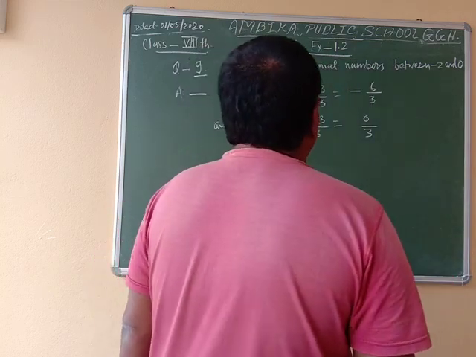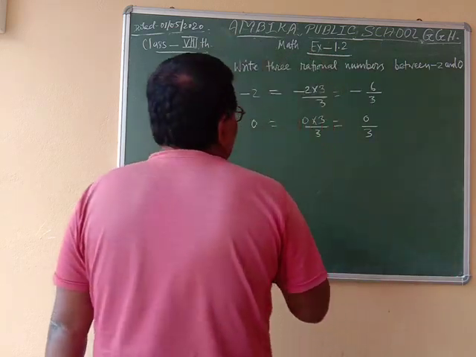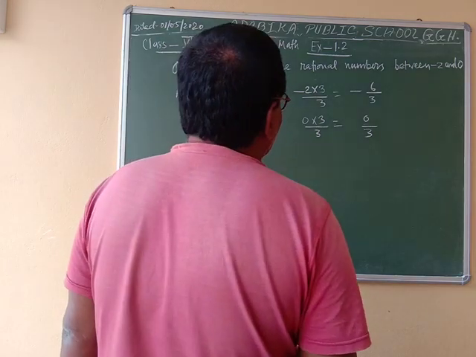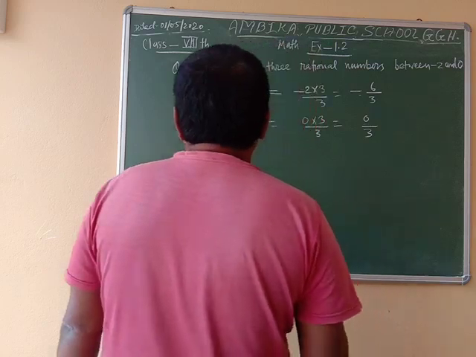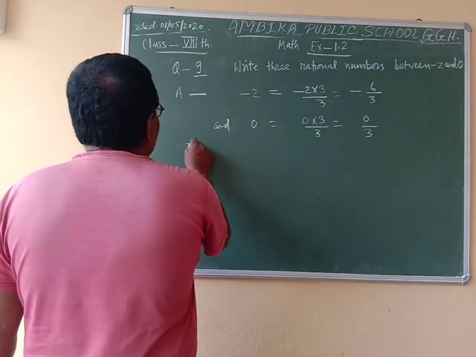Here we have to find the rational numbers between -6/3 and 0/3.